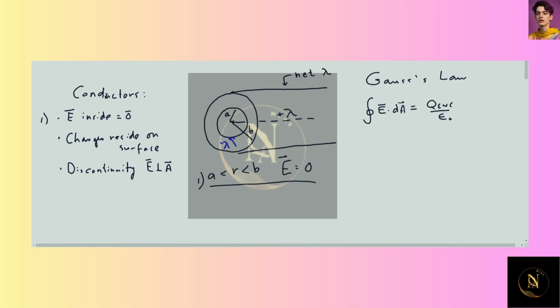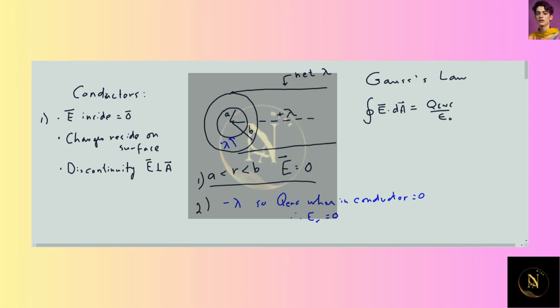So on that inner surface, there has to be a minus lambda so that Q enclosed when in the conductor is equal to zero, and therefore the electric field, and specifically the radial field, is equal to zero.